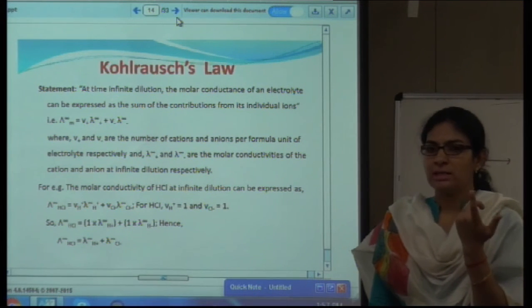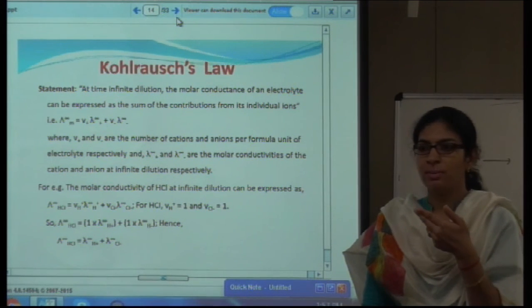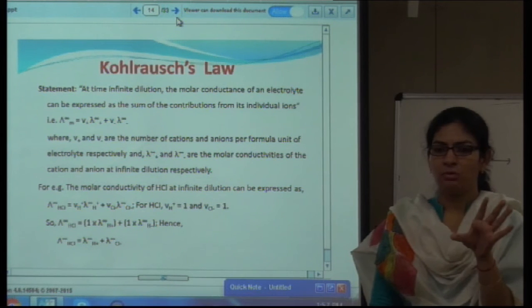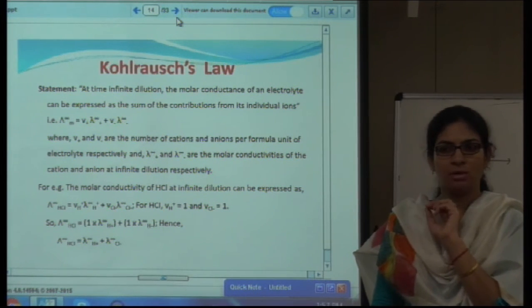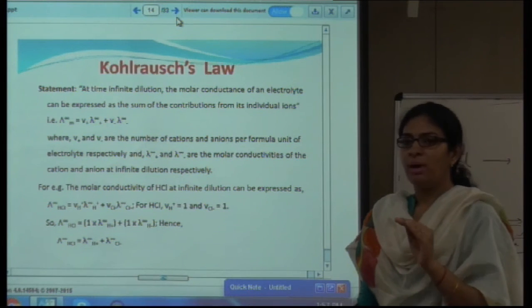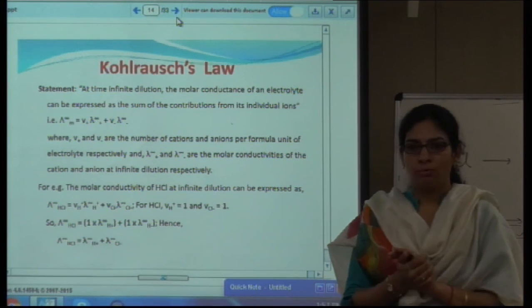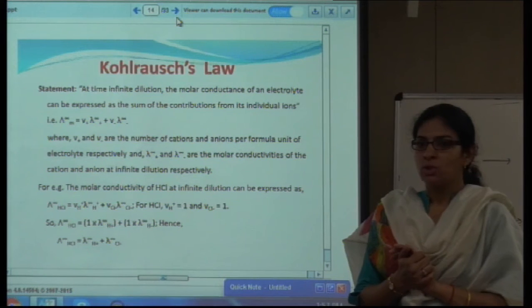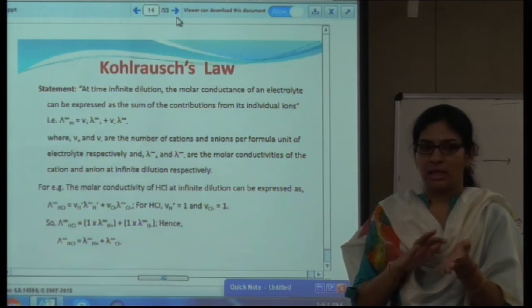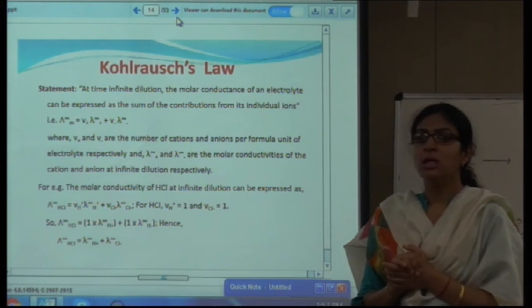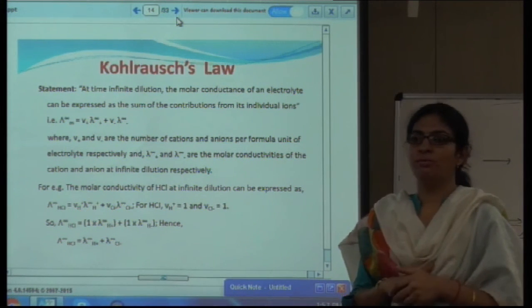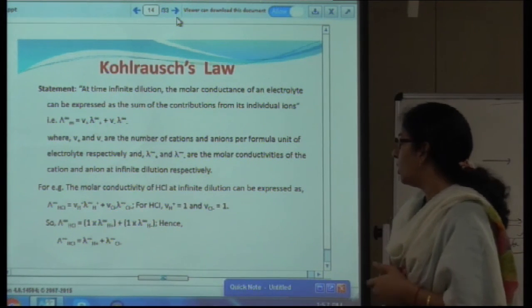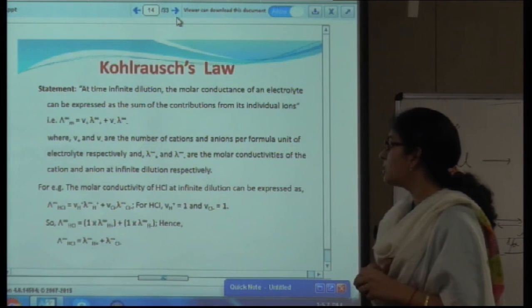For NaCl or HCl, the equation is simple: lambda m infinity for NaCl is lambda m infinity of Na plus ion plus lambda m infinity of Cl minus ion. But for H2SO4, the number of cations and anions are not the same. Therefore you need to put these stoichiometric coefficients, the numbers of anions and cations.